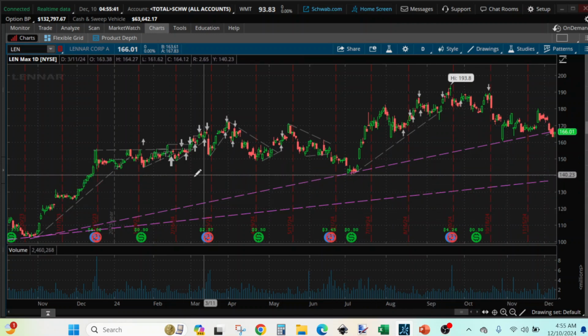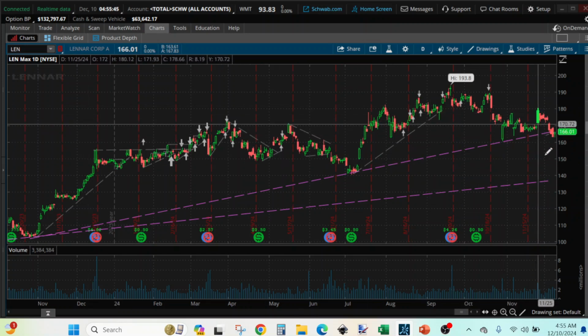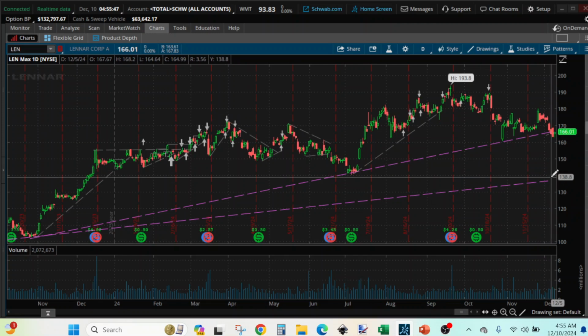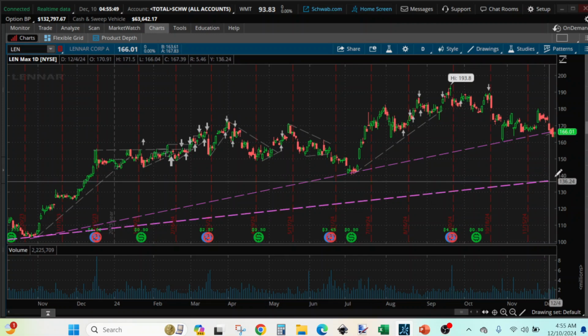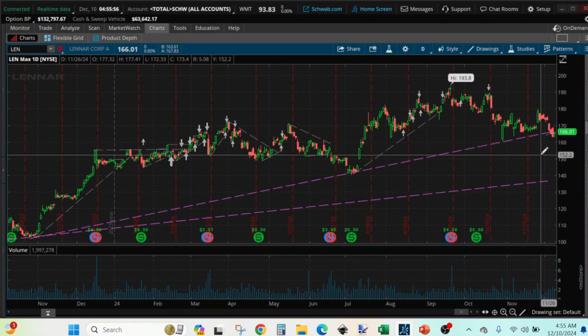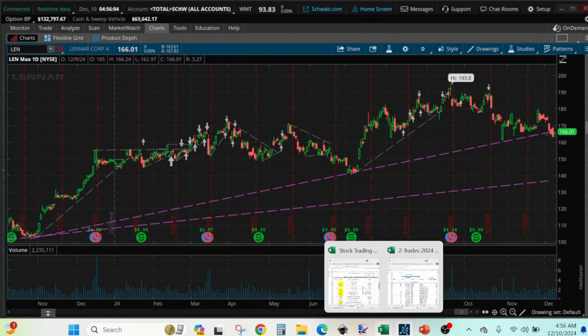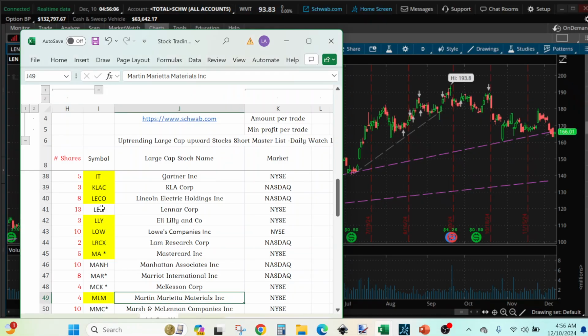The thing is, it has not touched that line throughout the year, and we could buy and it might come back to here, and we might have to wait a while for it to go up. We don't know until we try, or we can wait and observe. But I'm going to buy, and buy before the markets open because we see the first green bar already.